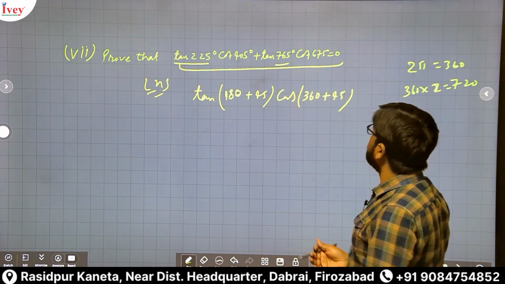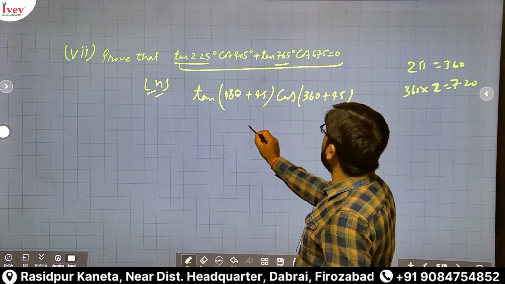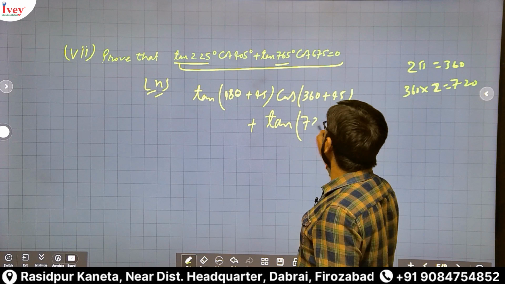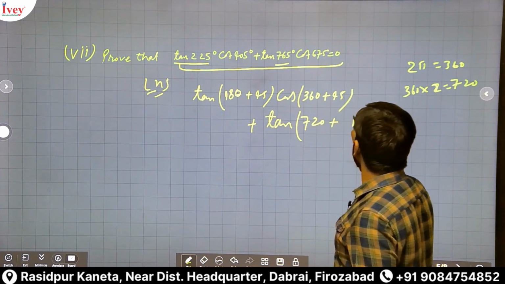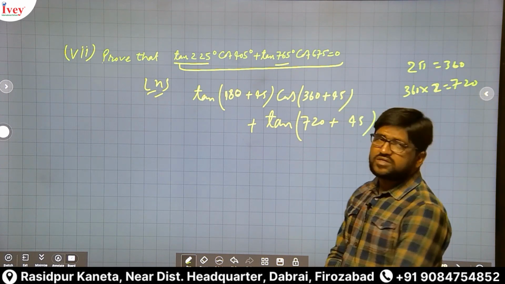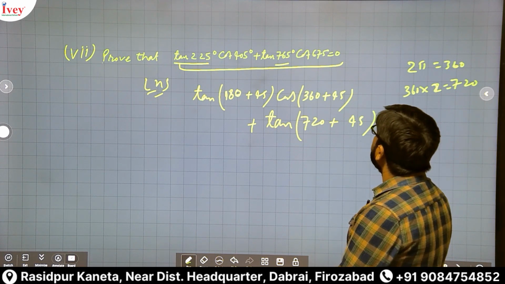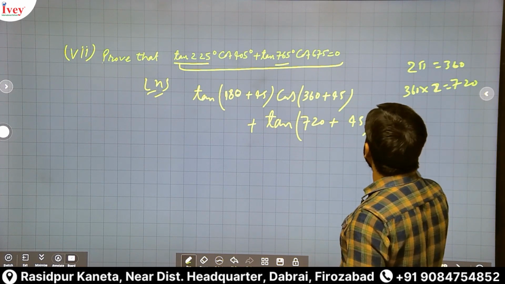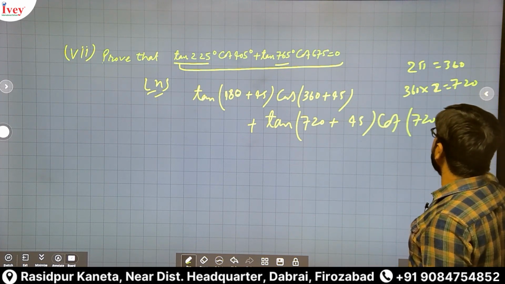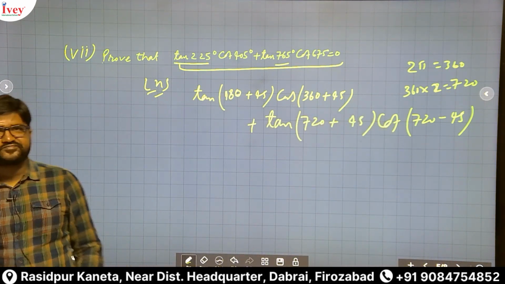So what can we write? We can write like this, plus tan 720 plus 45. Can you believe it? Now what about this cot 765? So we can write cot 720 minus 45. This is to be written the given expression.